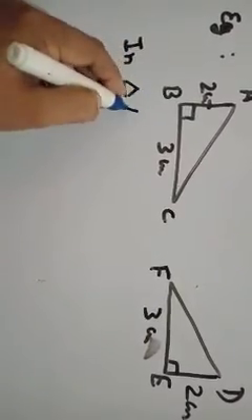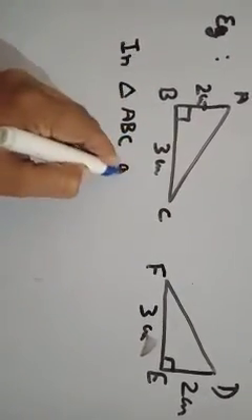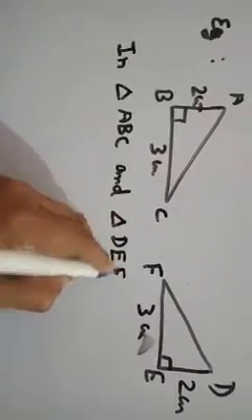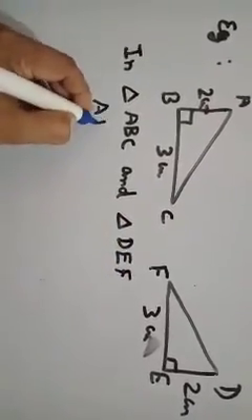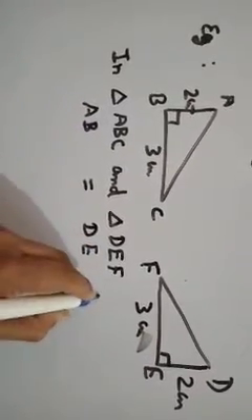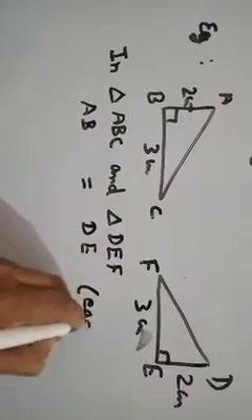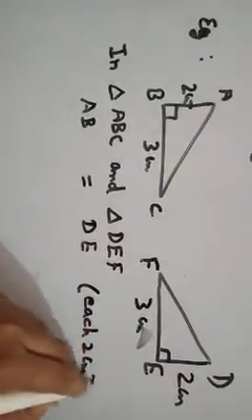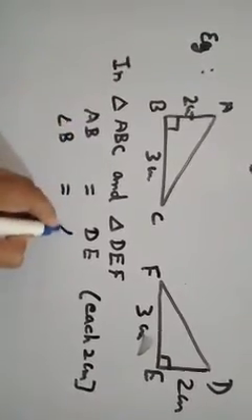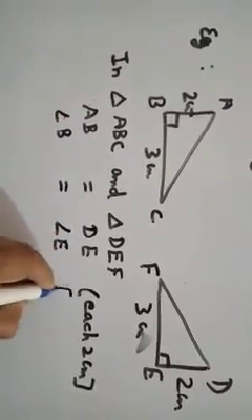In triangle ABC and triangle DEF, just compare. AB is equal to DE. Why? Each is 2 cm. Angle B is equal to angle E. Why?